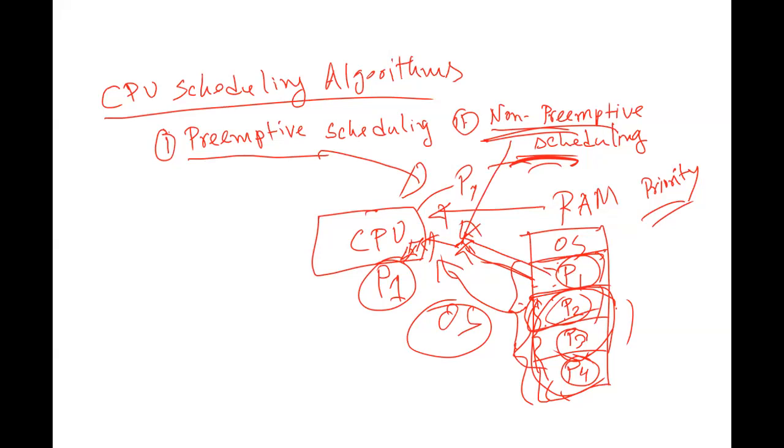So there are several types of non-preemptive as well as preemptive scheduling algorithms. We will learn one by one. One algorithm is called the shortest job first.